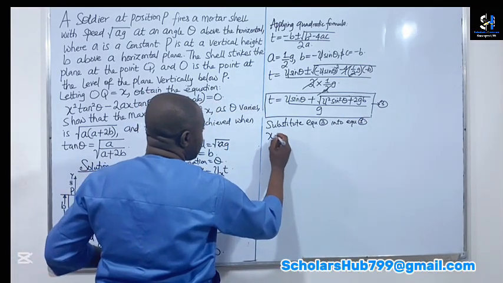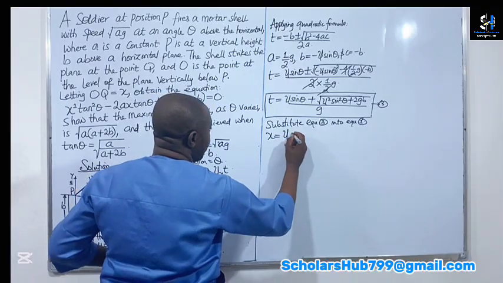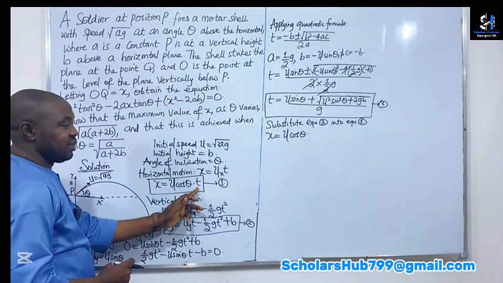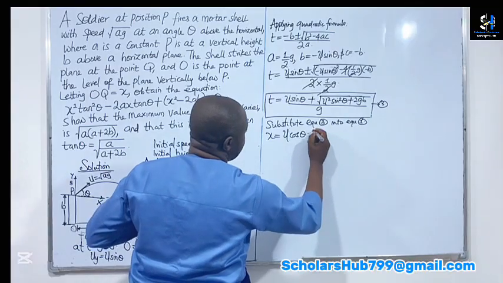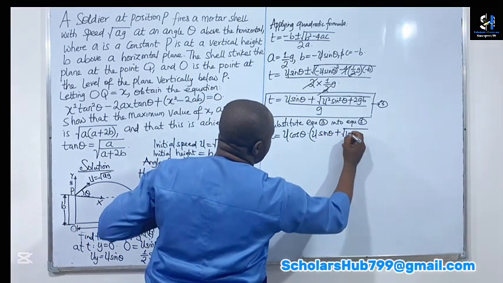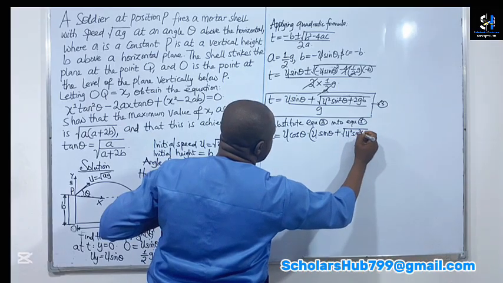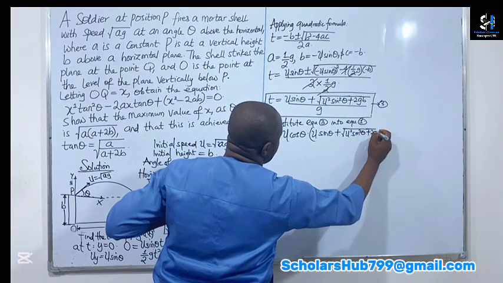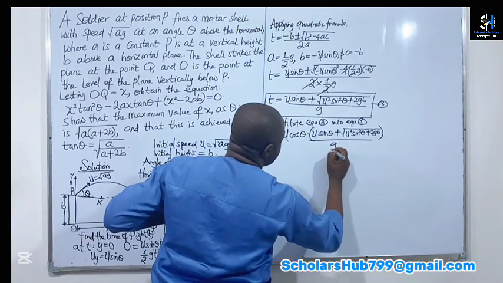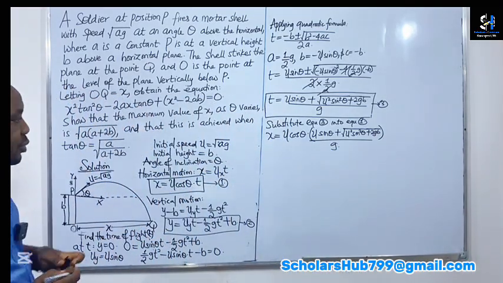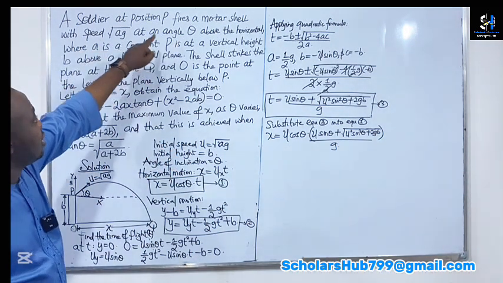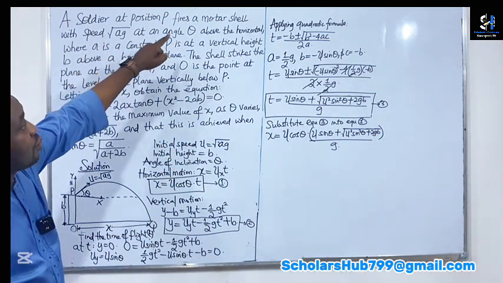So we have x equals u cos theta, equation 1, multiplied by t, that will be multiplied by u sine theta plus square root of u squared sine squared theta plus 2gb, divided by g.